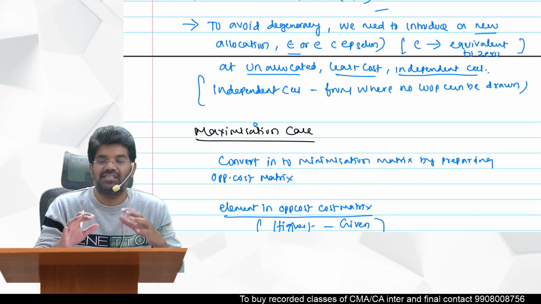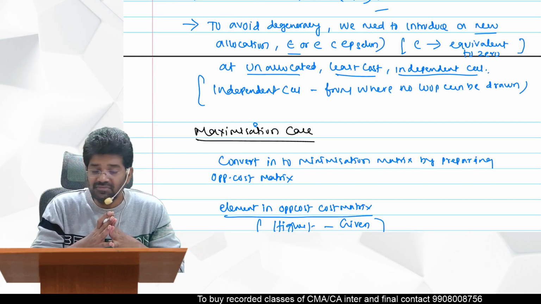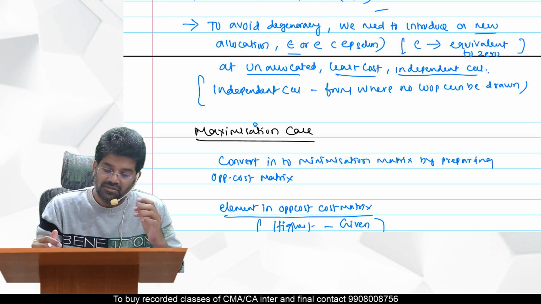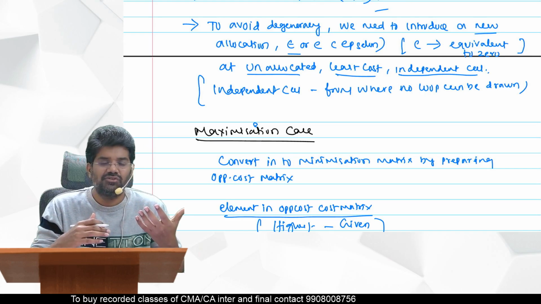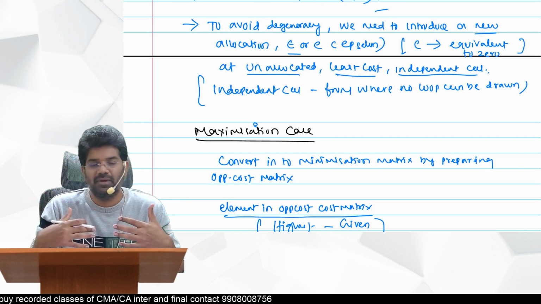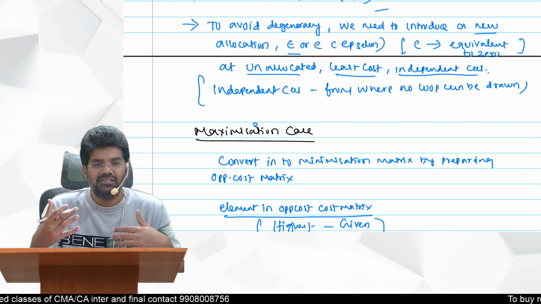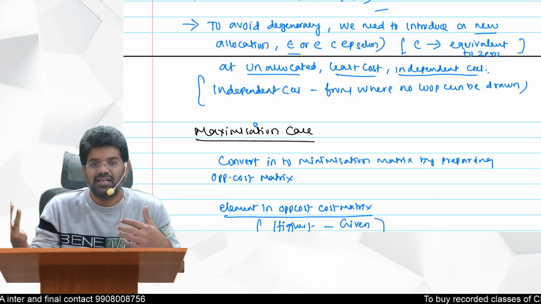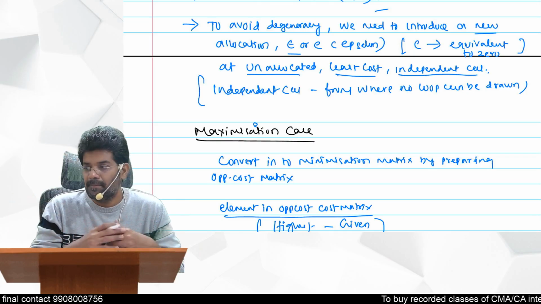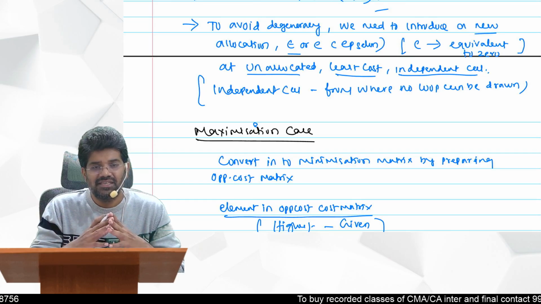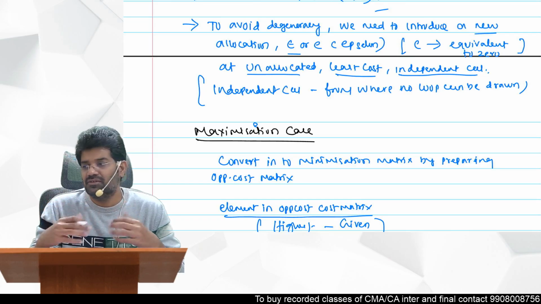So these are the cases in your transportation. First is the initial solution according to VAM. Then we should perform the optimality test. For the optimality test we have to prepare the U plus V matrix and change matrix. If the change values of unallocated cells are either 0 or positive, then our solution is optimum.